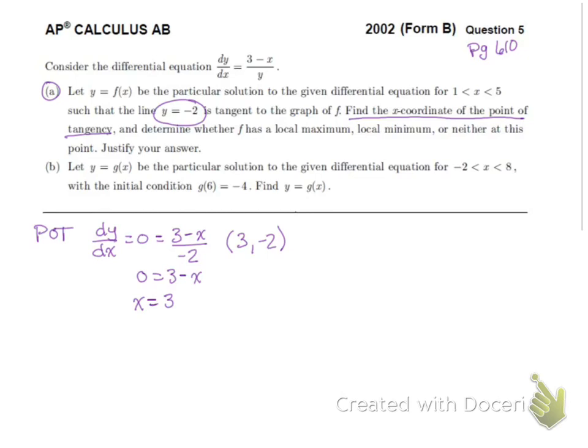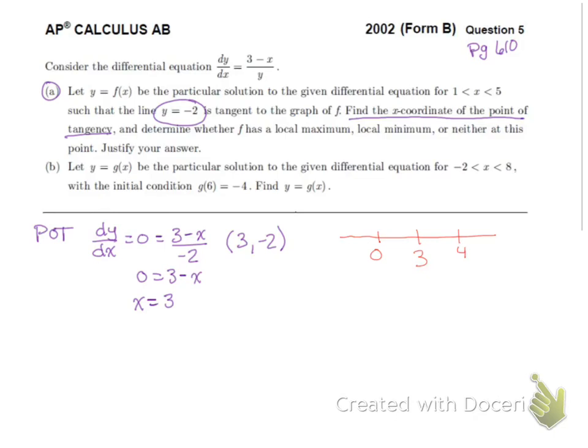Now you have to determine whether it's a local minimum, maximum, or neither. Well, for this we need a sign chart. Okay, so my sign chart is going to look at 3. Now I'm going to look at 0 and 4. Those are the points I'm going to pick.